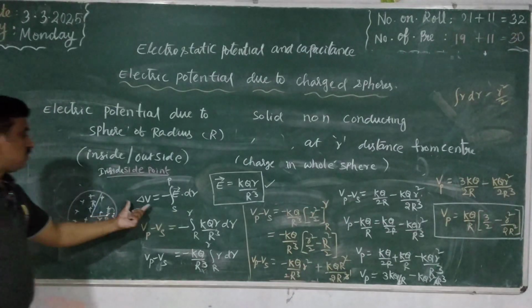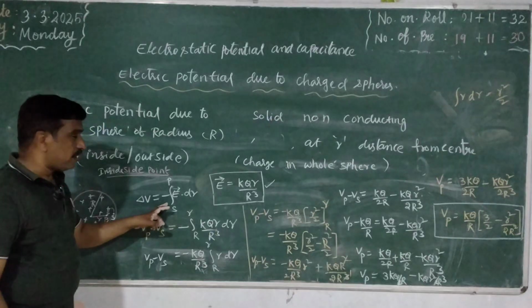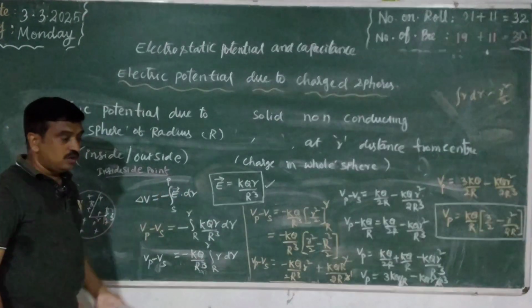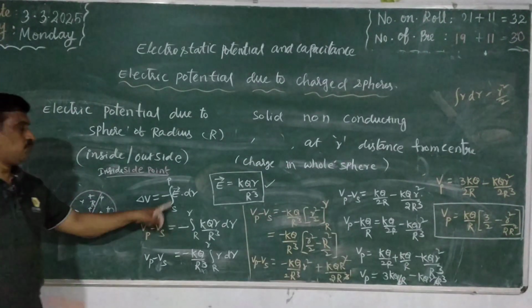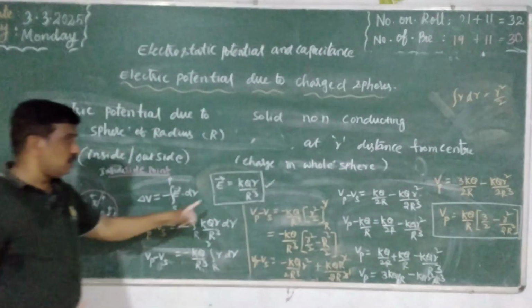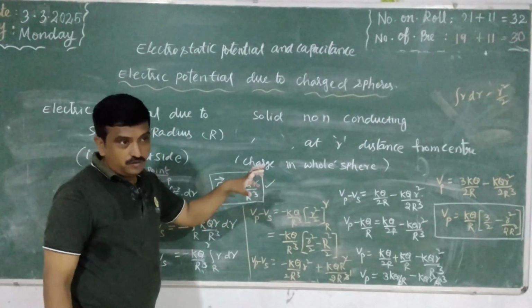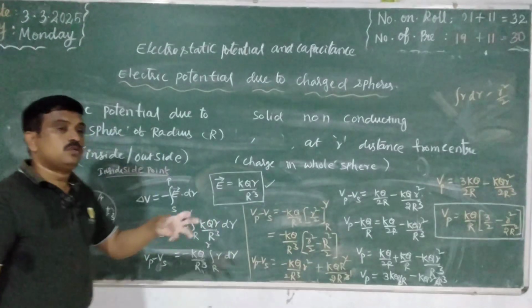So in that case what is the relation between electric potential and electric field? Delta V equals minus integral E dot dr, from S to P. So electric field inside a non-conducting solid sphere, E equals KQ r by R cube. We derived this briefly in the electric charges and electric field lesson.